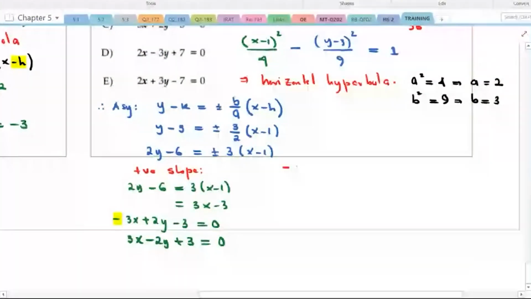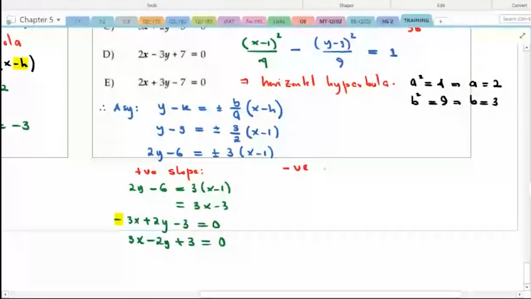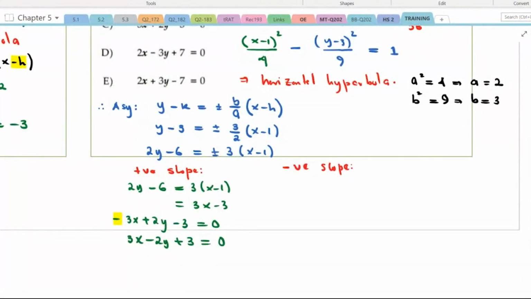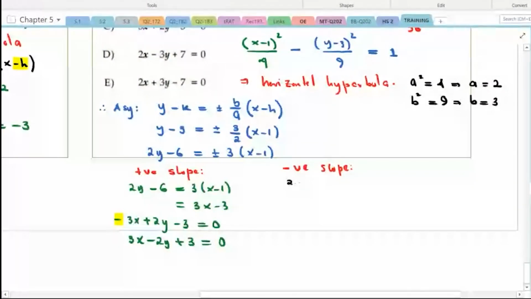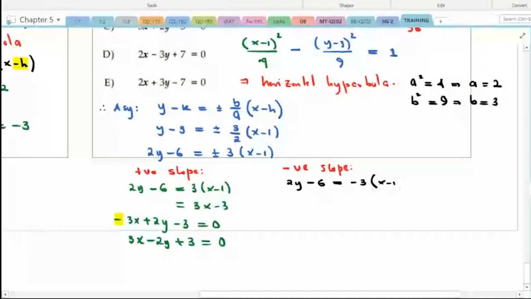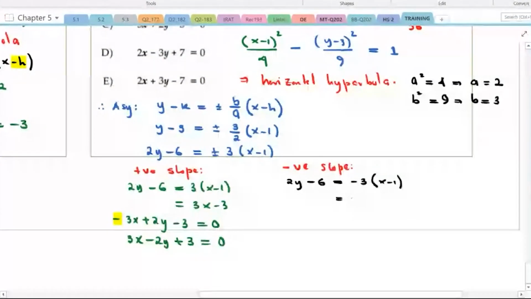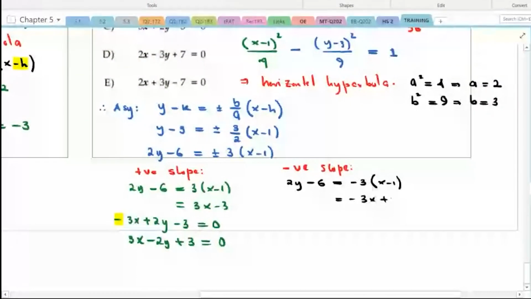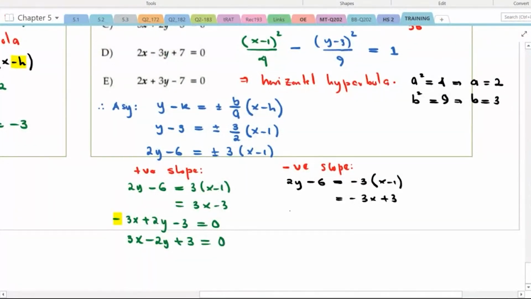What of the negative slope? For the negative slope, gentlemen, we have 2y minus 6 equal to minus 3 into (x minus 1). Open the bracket again. We get minus 3x plus 3. Now bring the 3x to the other side.